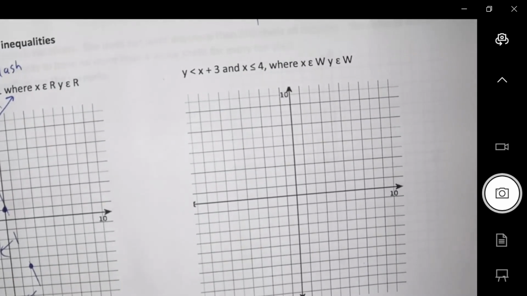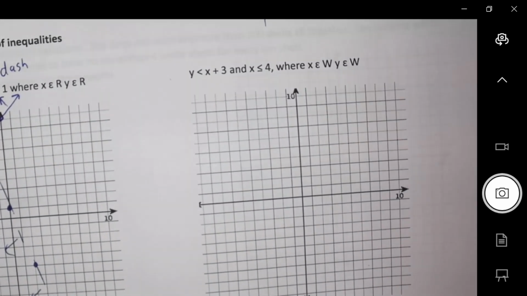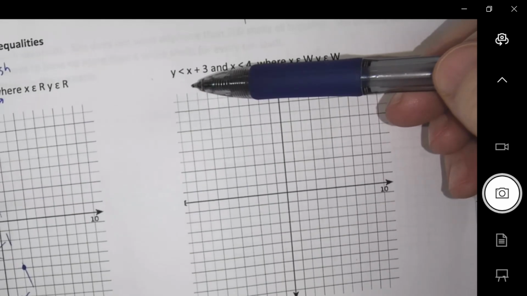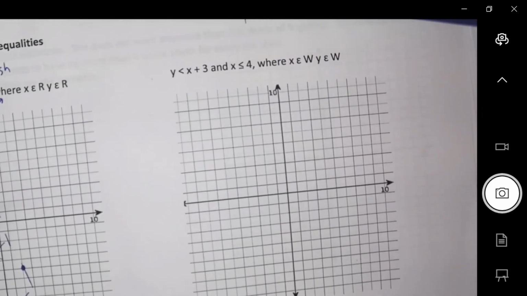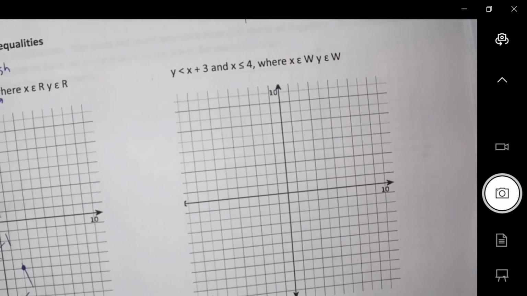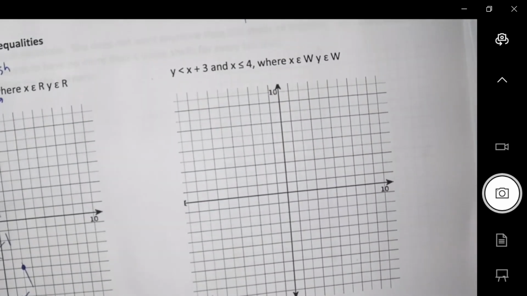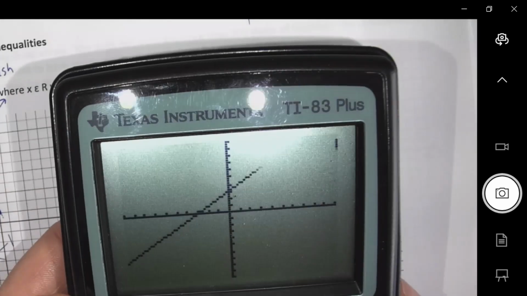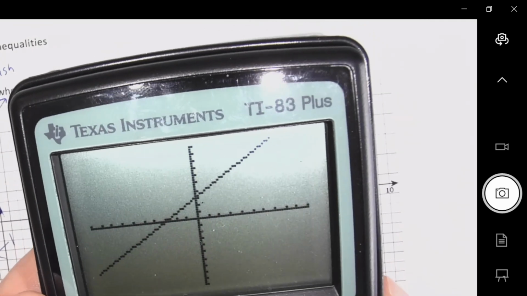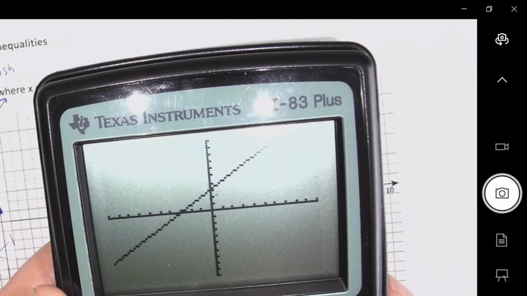Okay, you ready for another one? We have a y equals line here, so I'm going to clear my calculator and go x plus 3 and graph it. So this is the line y equals x plus 3.